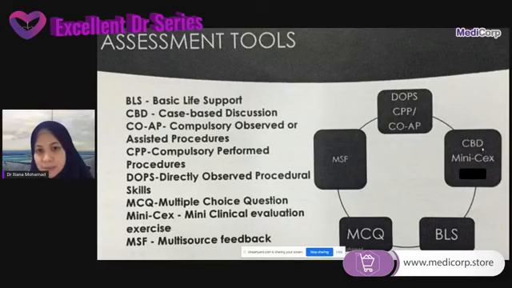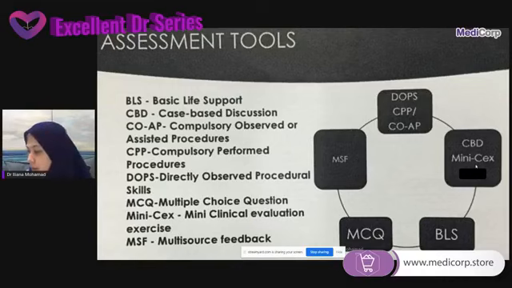Next is regarding your clinical knowledge. You'll be assessed in the form of CBD, or case-based discussion, which is equivalent to your long case during medical school, and mini-CEX, mini clinical examination, which is equivalent to your short case.